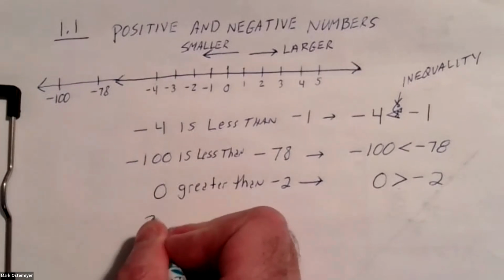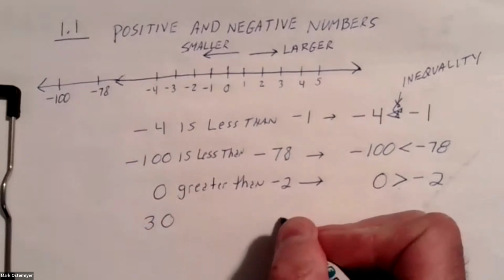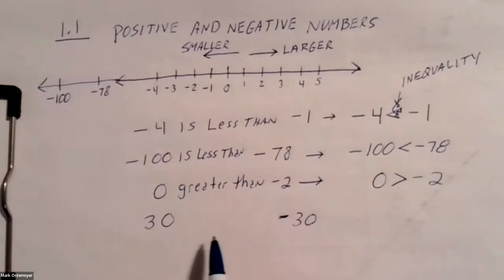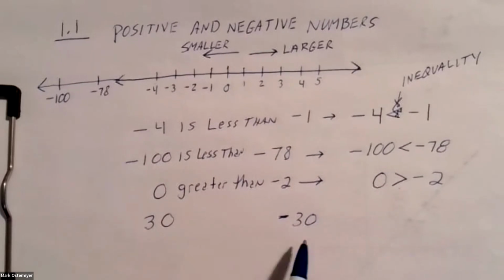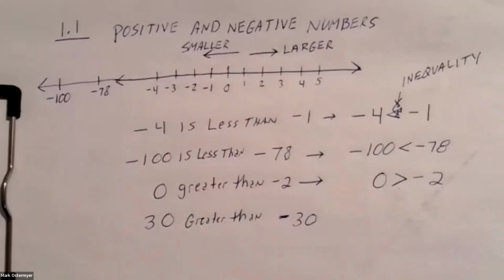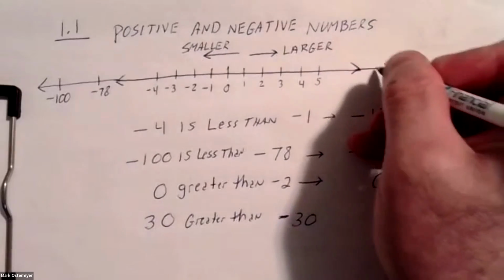All right. How about 30 compared to negative 30, ladies and gentlemen? What would I put in between these numbers as far as words are concerned to illustrate which number is larger or smaller? 30 is what to negative 30? Greater than. Yes, 30 we would say is greater than negative 30, because positive 30 is way over here to the right.